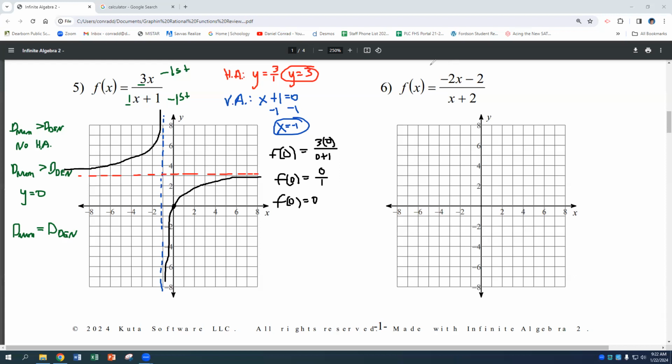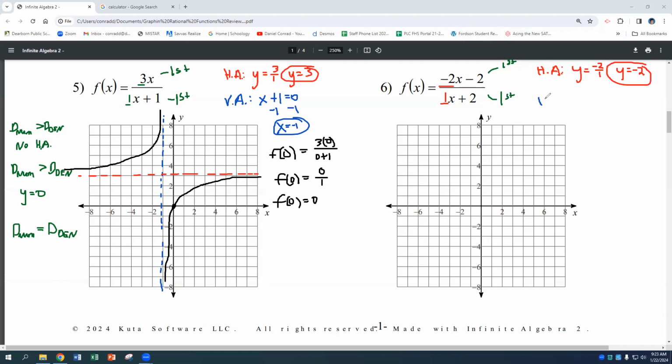All right, the next one. So again, they're both first degree, right? This is first degree, first degree, first degree. So we're going to look at the leading coefficients here, which is -2 and 1. So my horizontal asymptote is going to be y equals -2 over 1, which is just y equals -2.